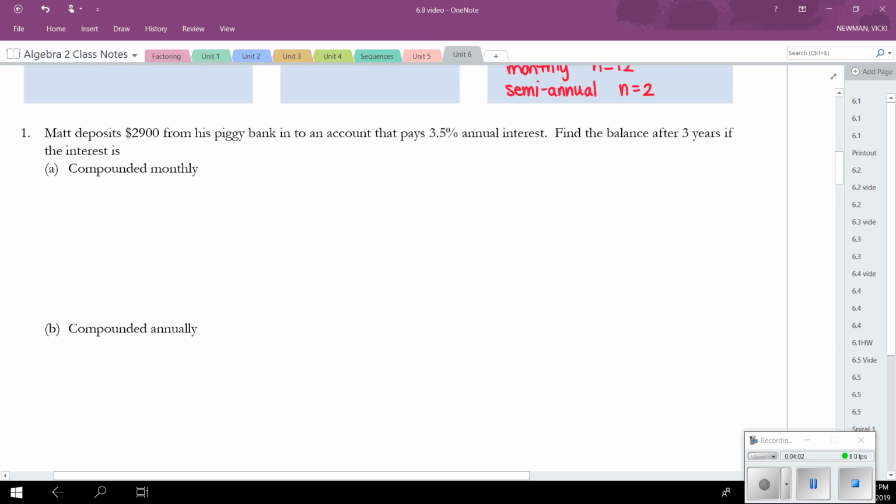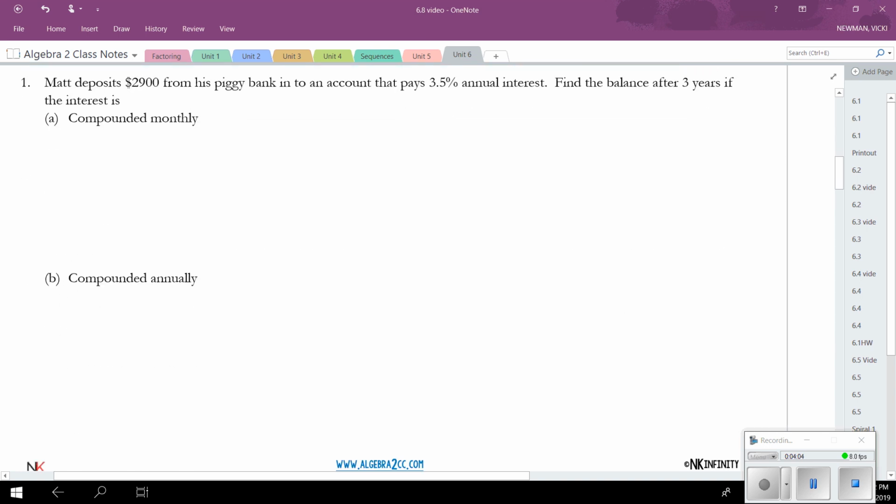So we're going to start with a straightforward example here. Matt deposits $2,900 from his piggy bank into an account that pays 3.5% annual interest. Find the balance after 3 years if the interest is compounded monthly. So we have a final amount of an initial amount of $2,900. That's our principal or our initial amount.